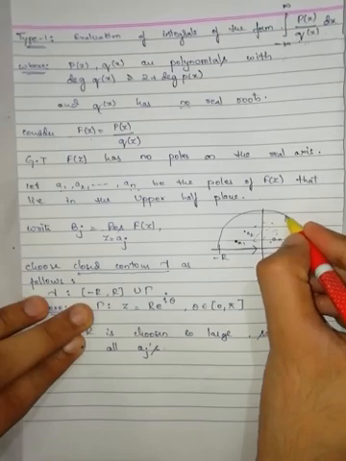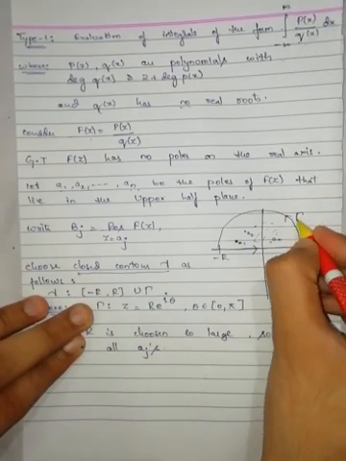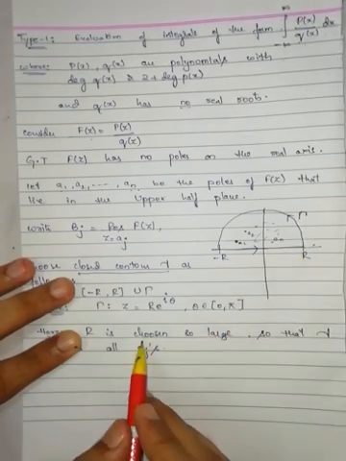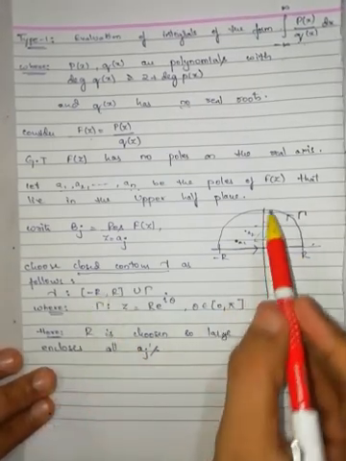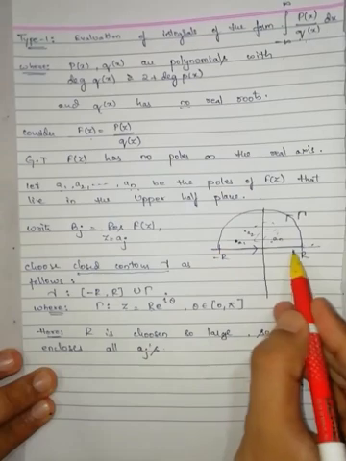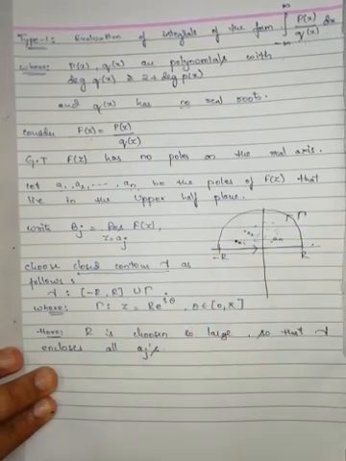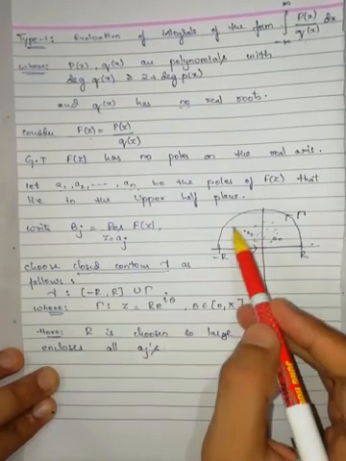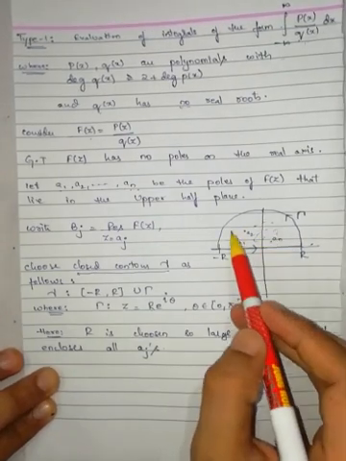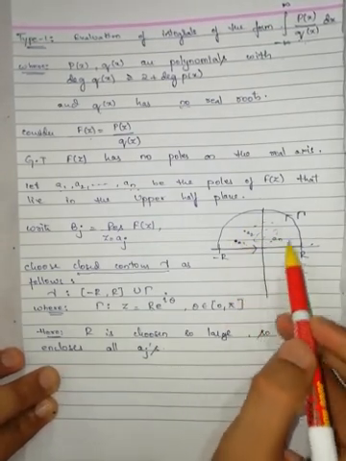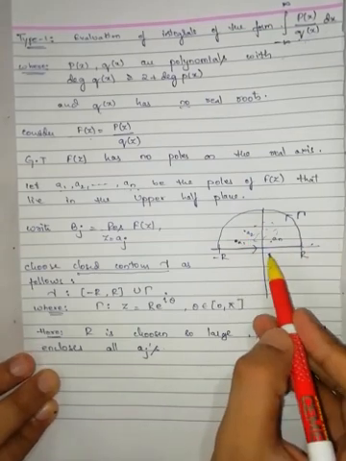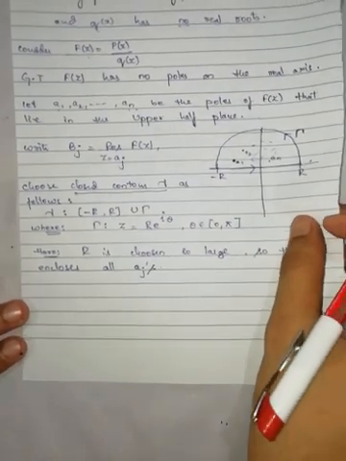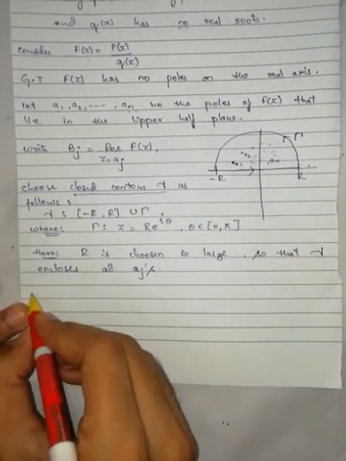This is capital Gamma. Capital R is selected so that this contour, the union of minus R to R including the semicircle, contains all the poles in the upper half plane, so we have to select a radius accordingly. Now, what does the Cauchy residue theorem say?